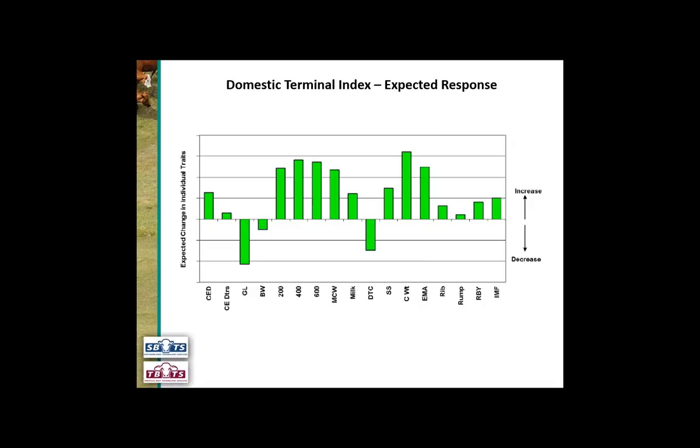So you can see that selecting on this index is going to increase the growth rate of your herd. It's certainly going to increase carcass weight of your herd. It's going to increase fat a little bit, retail beef yield, and it's going to increase intramuscular fat. And at the same time, it's going to decrease days to calving, female fertility, and gestation length. So while you're not keeping females, this is the impact that selecting on this index would have in your herd.